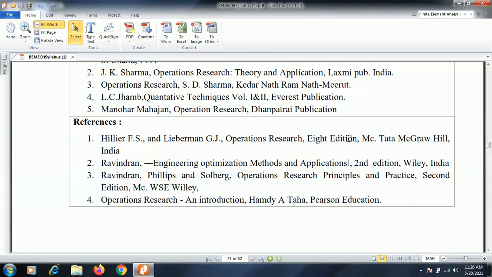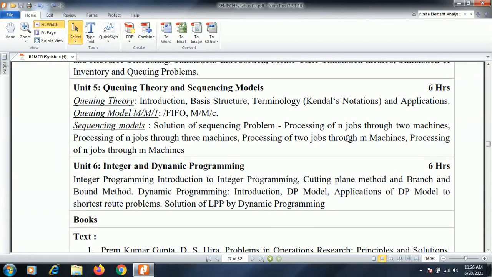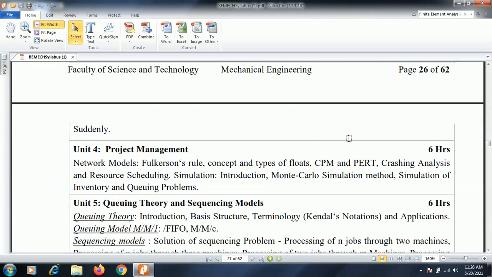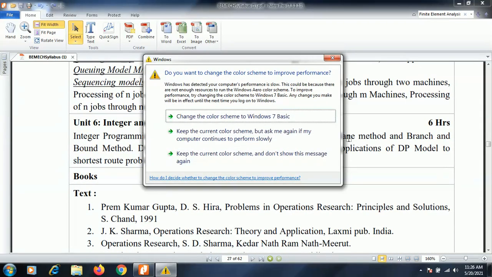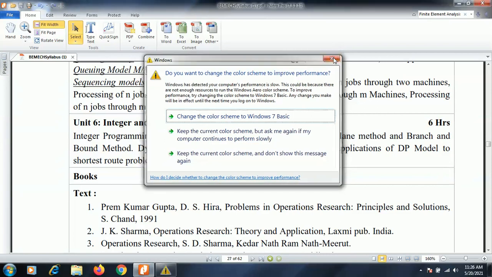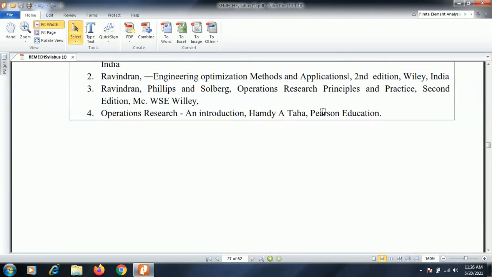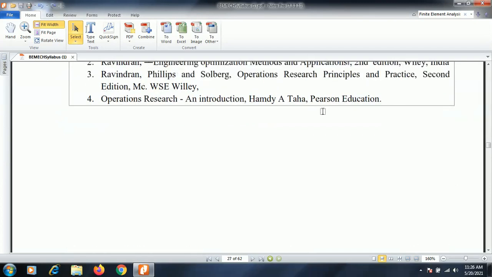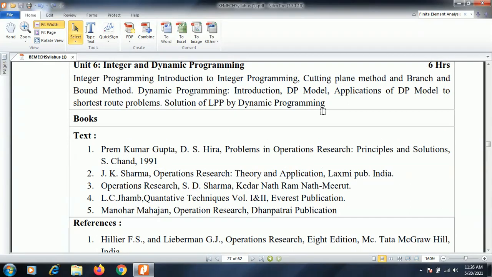From the GATE point of view and competitive exam point of view, mostly they ask problems from operation research. So the first one, automobile, was purely theoretical. This one, operation research, is 70% problems and 30% theory. But those who are really going to appear for GATE, I will recommend this course, operation research.